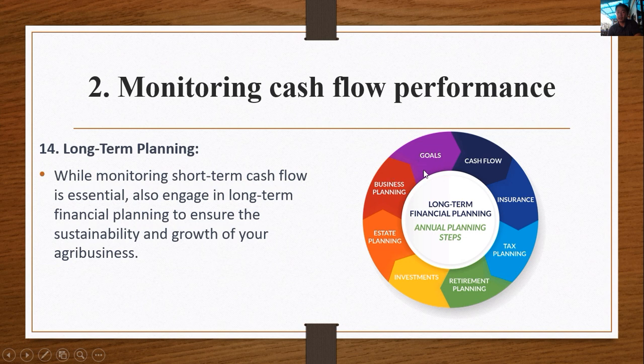By setting your goals, you set up your cash flow by monitoring them and setting insurance coverage on your crops or livestock so that you are covered during uncertainties, and also your tax planning, as well as retirement planning and investments, and estate planning, and it goes back again to your business planning.